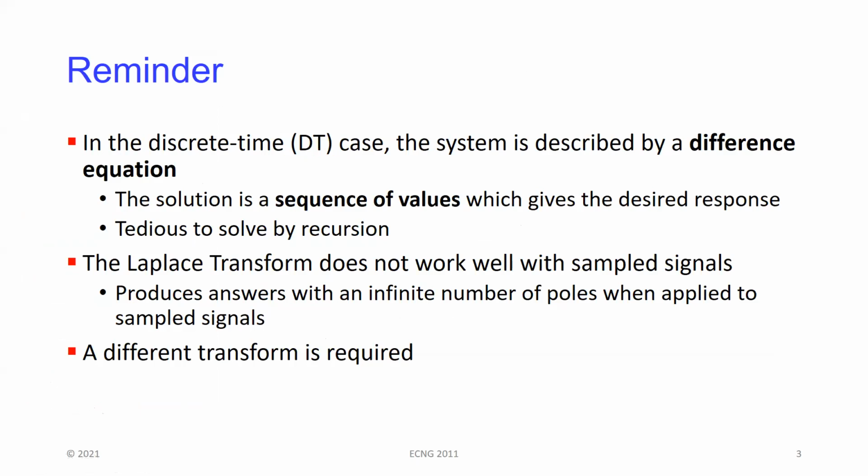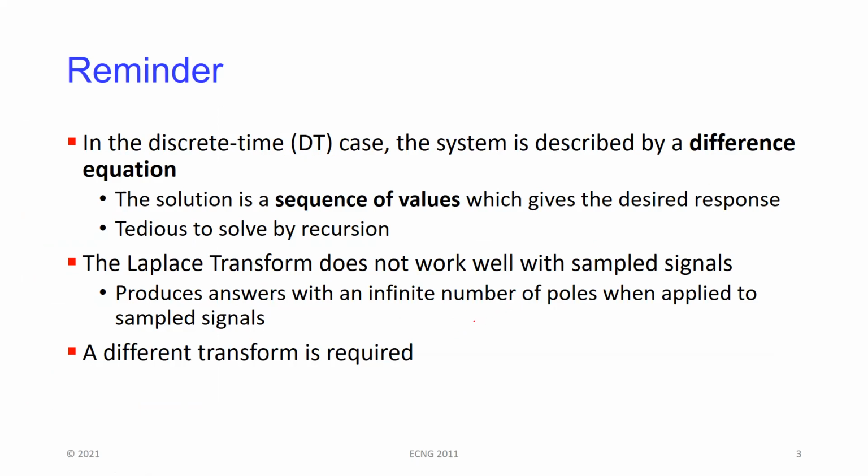Right, so what we said was, well, we have the Laplace transform already. Isn't there some way we could use a Laplace transform with the discrete time signals? Unfortunately, it doesn't work well.